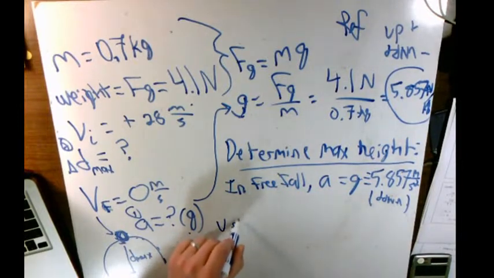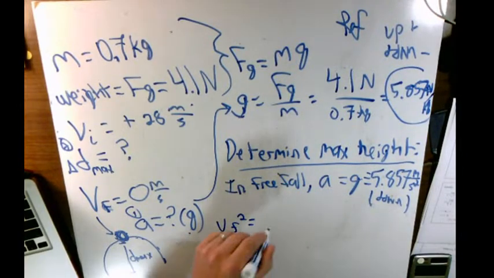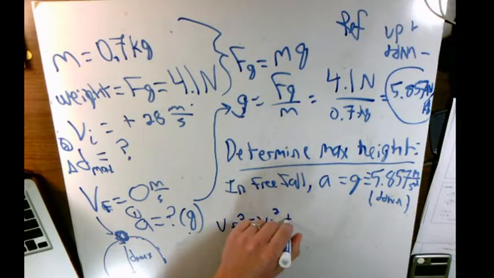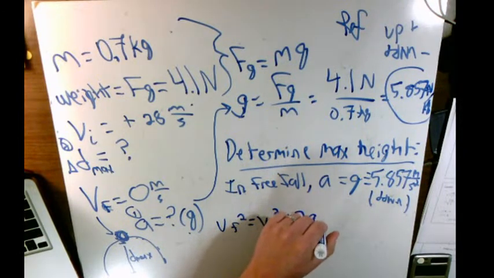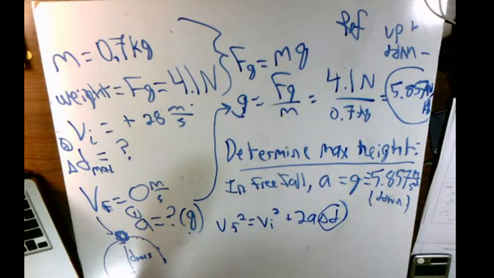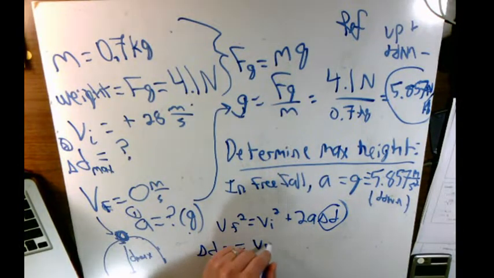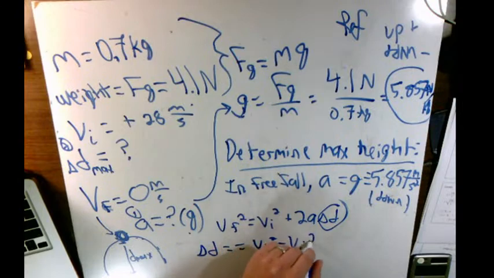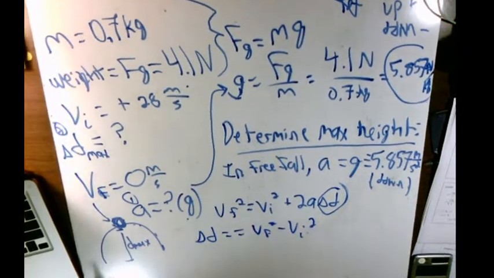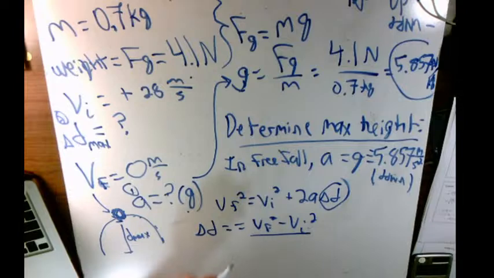We're going to use VF squared is equal to VI squared plus 2AD. Solving for displacement. Displacement is equal to VF squared minus VI squared all over 2A.